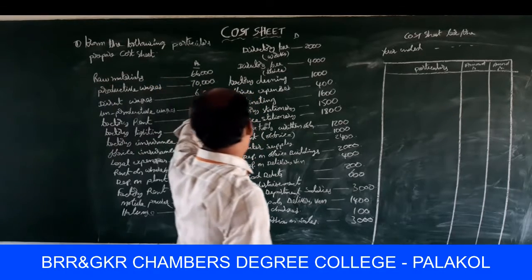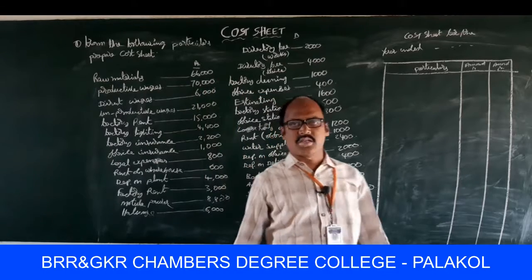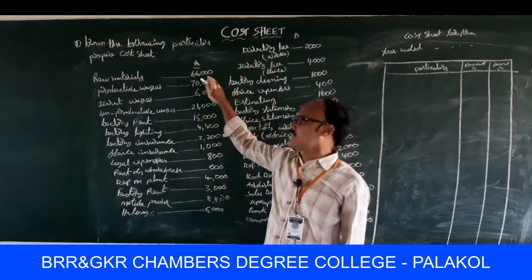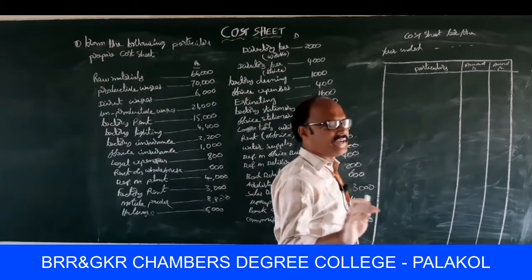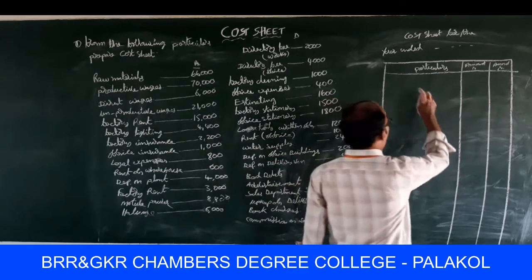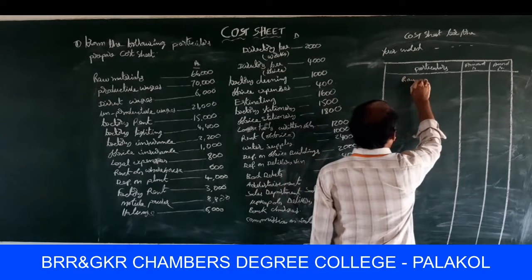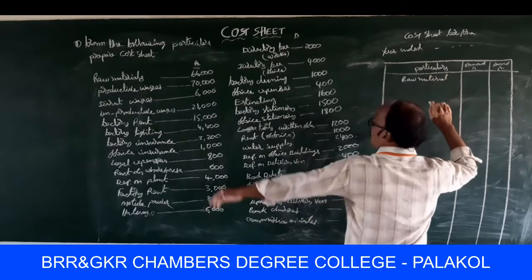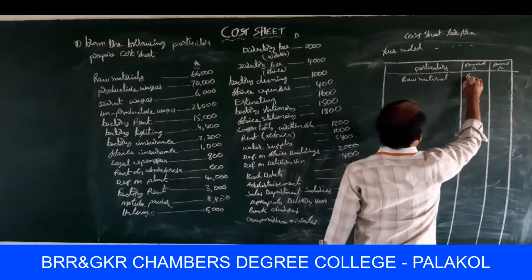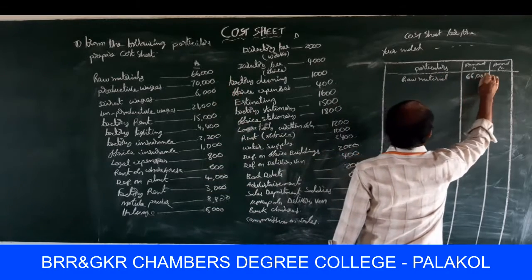Look at that, raw materials 66,000 rupees here. That raw materials is recorded under the head of prime cost. Please listen carefully, no confusion, it is a very easy topic. How much? 66,000.